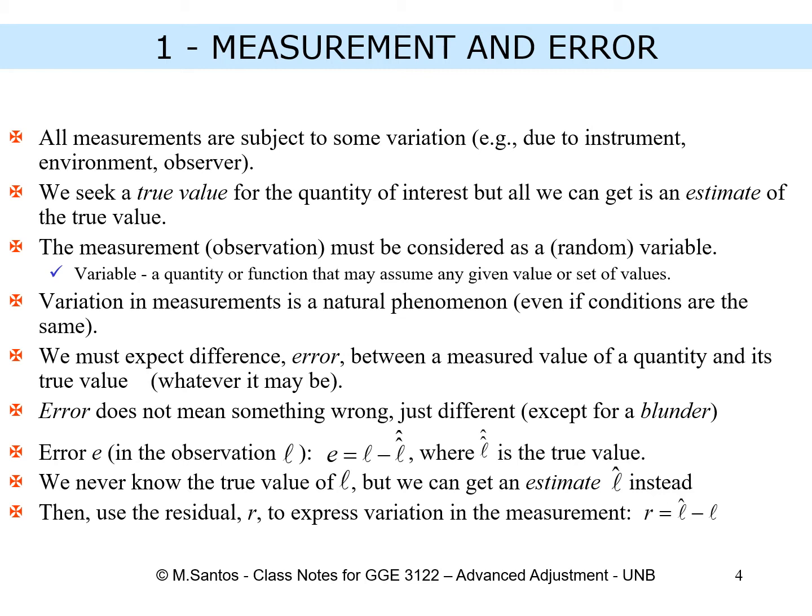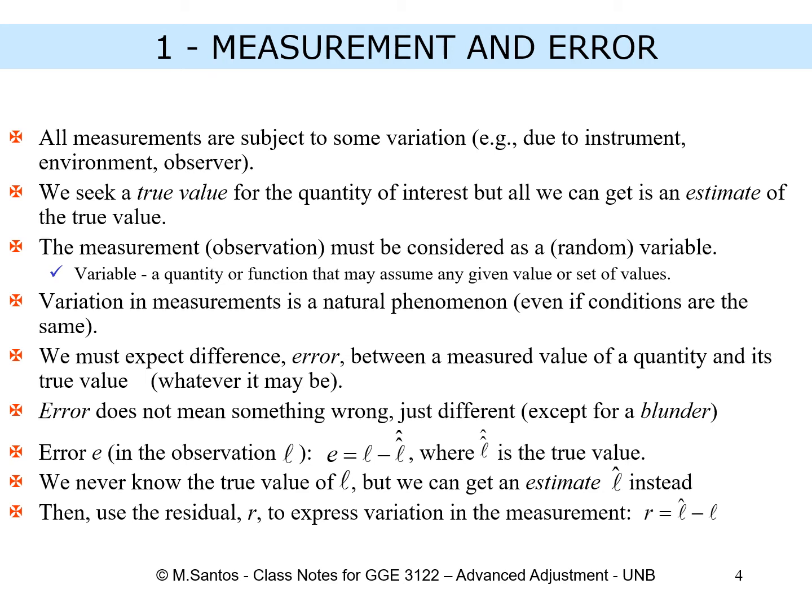In most instances, we can only do that by measuring it. After performing the measurement, we realize that the measurements are subject to some variation, either measuring it several times or measuring it with different instruments. The measures will be slightly different, sometimes even very different.